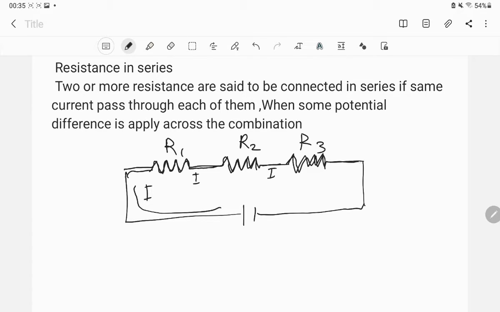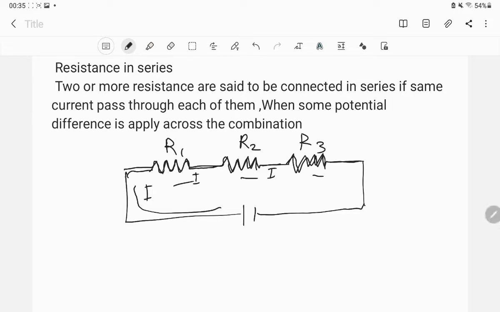So that means they are connected in series. If the same current flows through these resistances, then they are said to be connected in series.